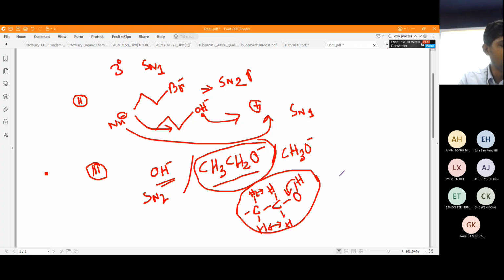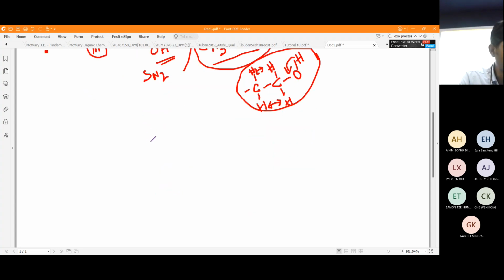Before I jump into the elimination reaction, here is another condition. If the nucleophiles that come to attack are very small and have localized charge, let's give examples rather than just theory.